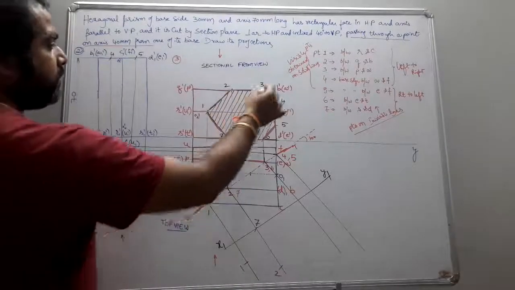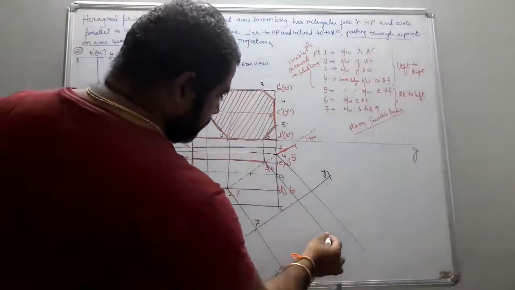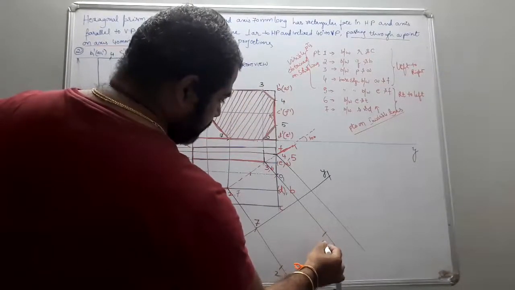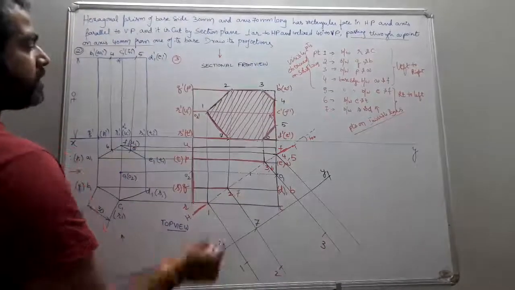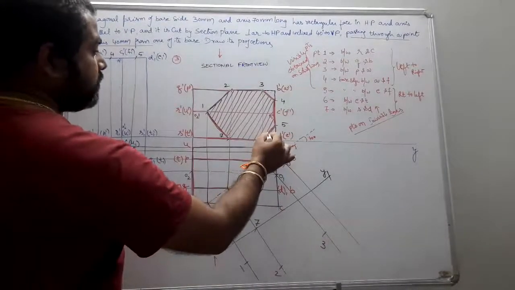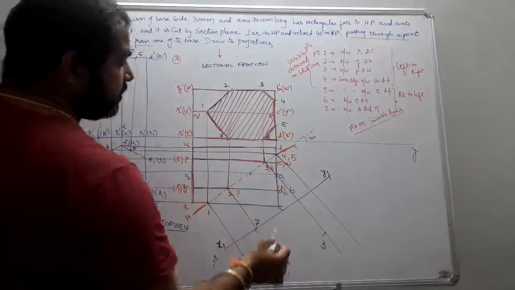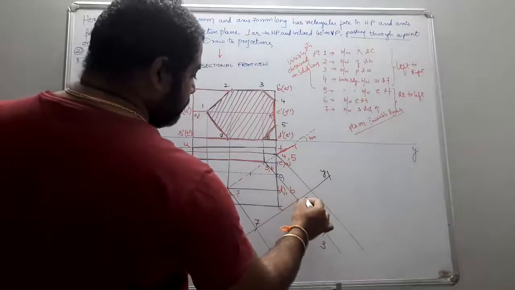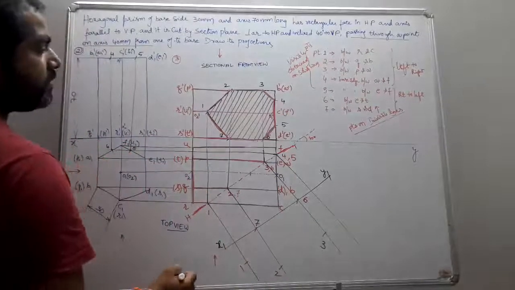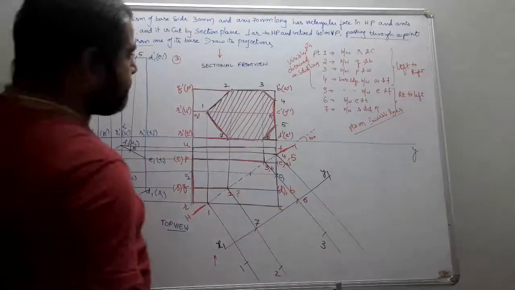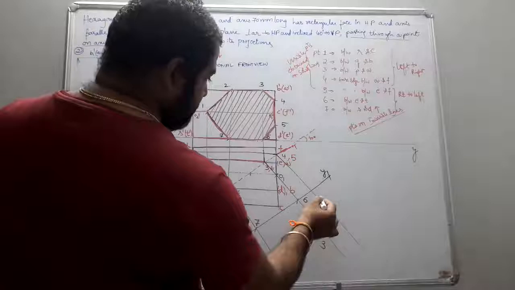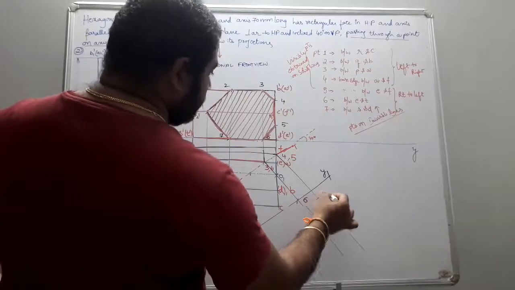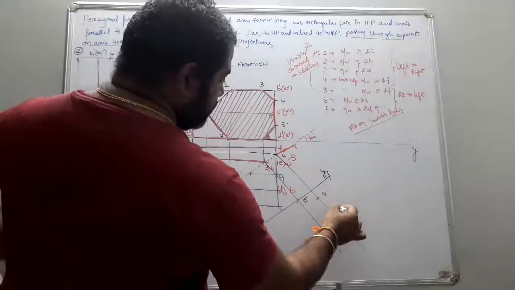Next, 3 point. Next, so this was your 0.6. 6 point is on XY. Next, this was 4 and this was 5.